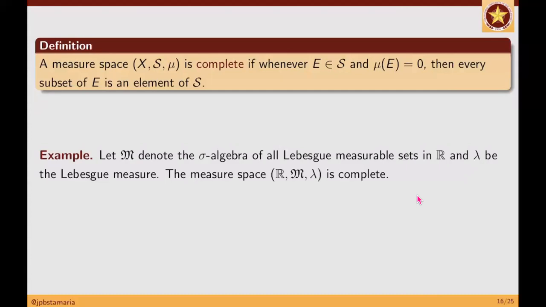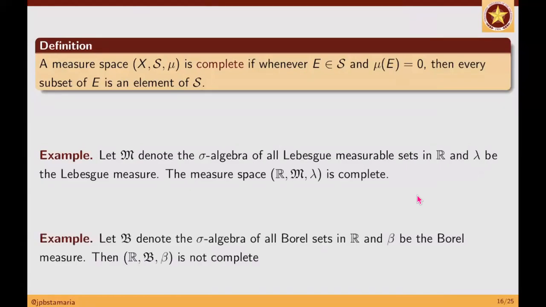Sir, can you give me an example? Yes, I have an example for you. Hindi na tayo kailangang lumayo. Let's just take, papalitan ko na lang yung sigma algebra. I'm going to replace it by the sigma algebra of Borel sets in R. Okay? Yung beta dito is the Borel measure.